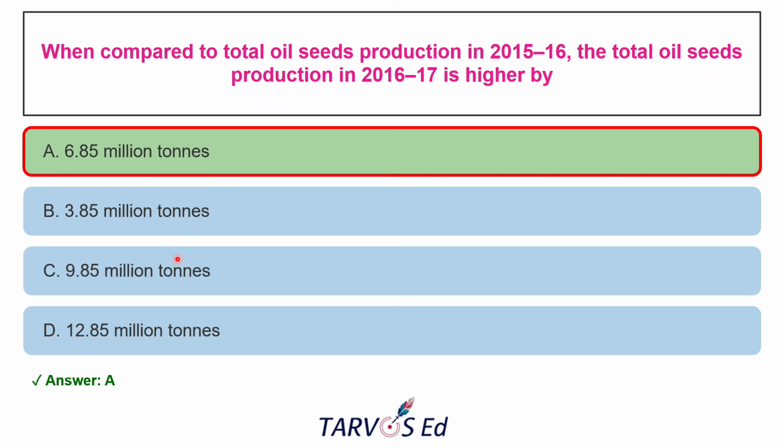And 12.85 is also way off, too high. That is nearly a 50% increase. That much oilseed production increase did not happen. We didn't find that much difference between these two years. So the correct option is 6.85 million tons.